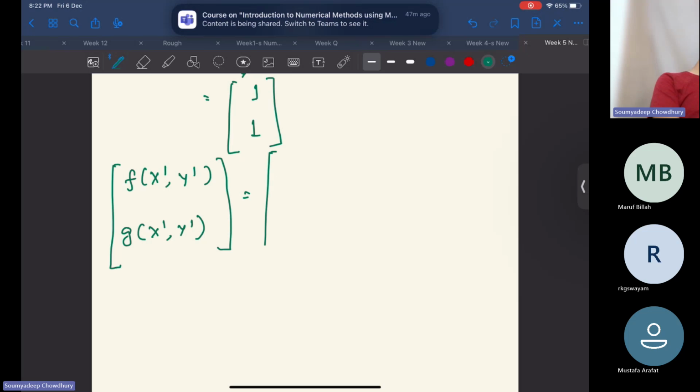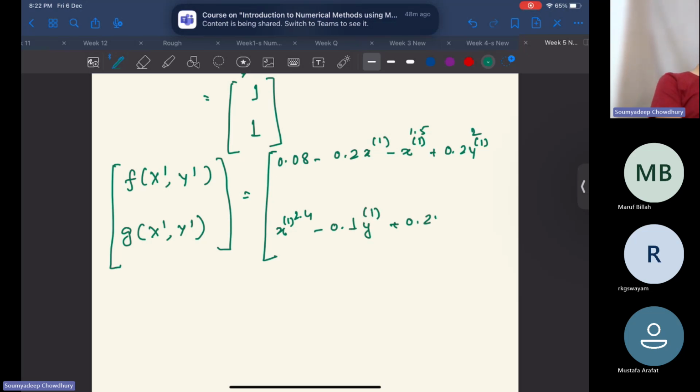So what are the equations? Basically it is 0.08 minus 0.2 x of 1 minus x of 1 to the power 1.5, 0.2 y of 1 square. Similarly, here we will get x of 1 to the power 2.4 minus 0.1 y of 1 plus 0.2 y of 1 whole square.